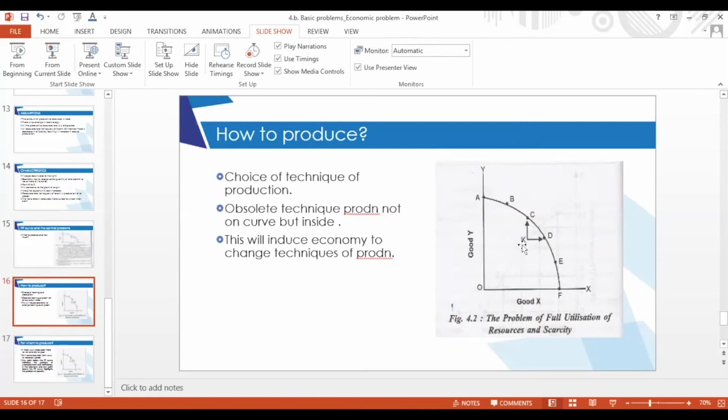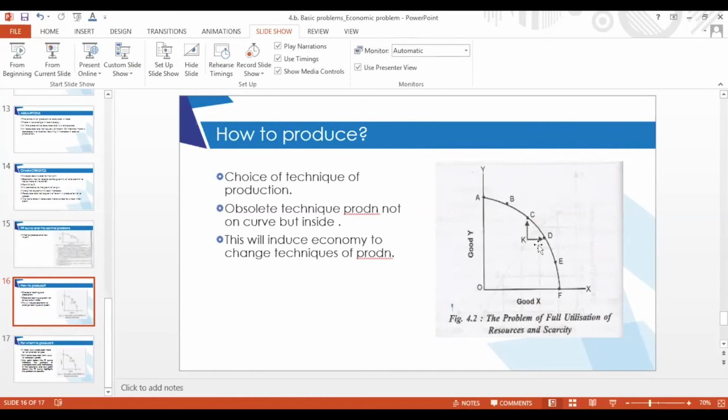So if you are using old technology, then you will be producing inside the curve. This means you have to change your technology, use new technology so that you can move from K to C or D, or anywhere on this curve, right?